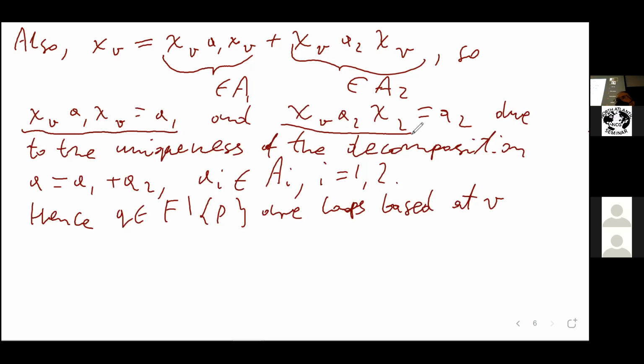So it has no choice. If it survives this sandwiching between chi V's, then it must be a loop based at V. So coefficients next to any other chi Q's must be zero, so we might as well forget them and say that our sum is only over Q's that are loops based at V and that are different from P.